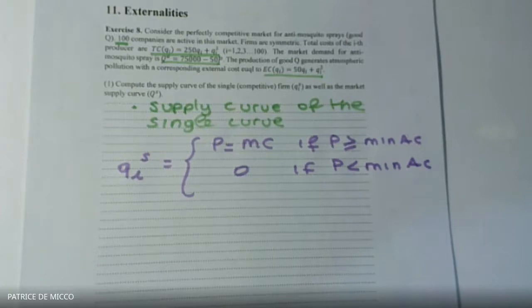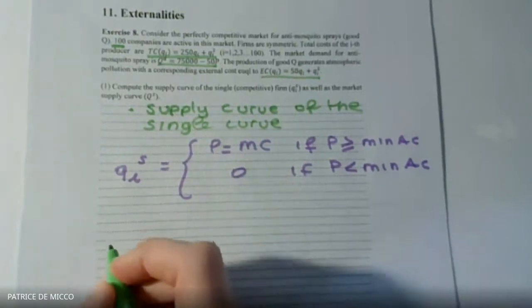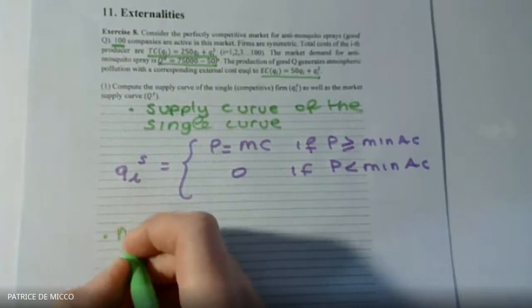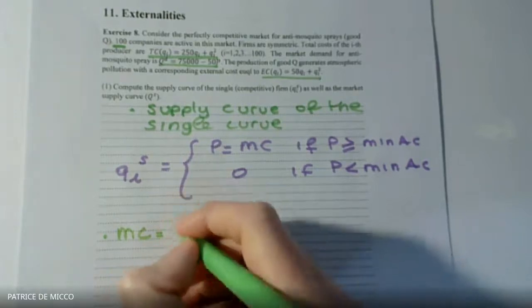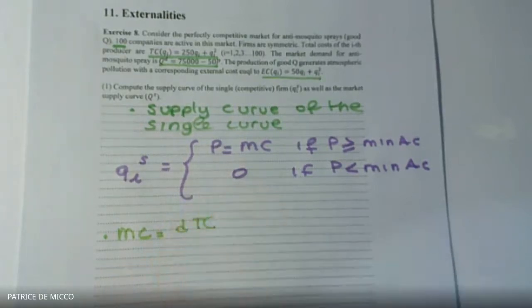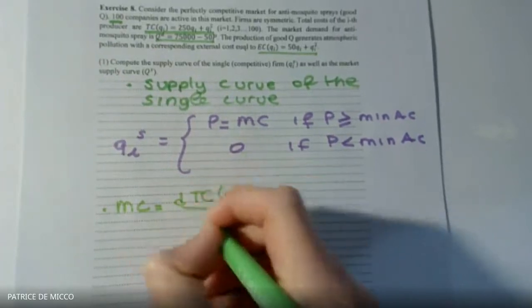So first of all, we have to find the marginal cost. Okay, so we start basically finding the things we need to set up this supply curve. So let's start with the easiest one, marginal cost. To find marginal cost, we simply compute the derivative of the total cost function that depends on Qi with respect to Qi.